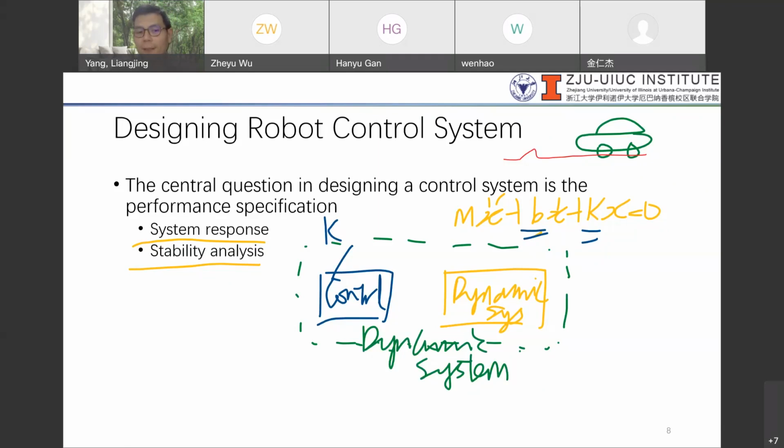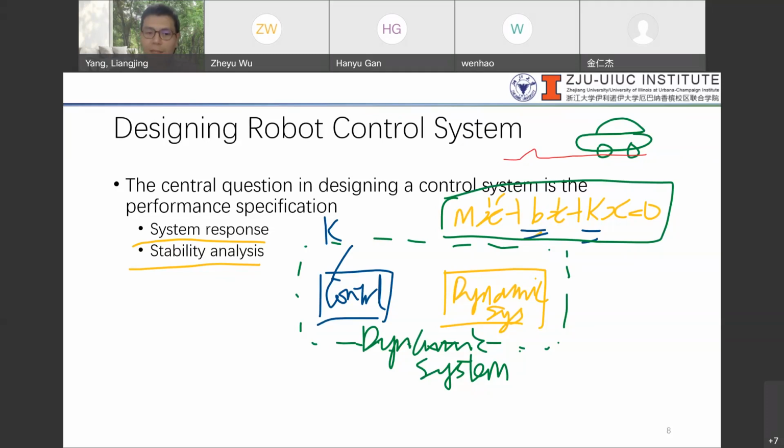You may not be able to change what is already inbuilt in the original dynamic system, but by designing a controller, you can change it. And so this allows you to change the system response, how the system should behave accordingly.